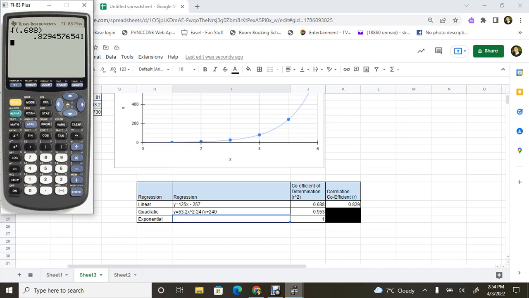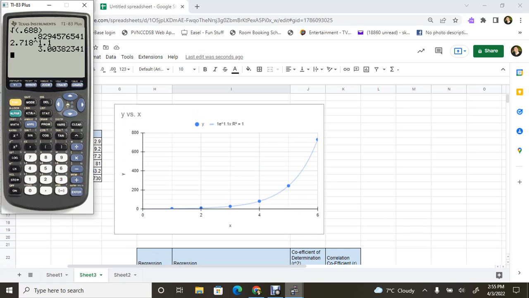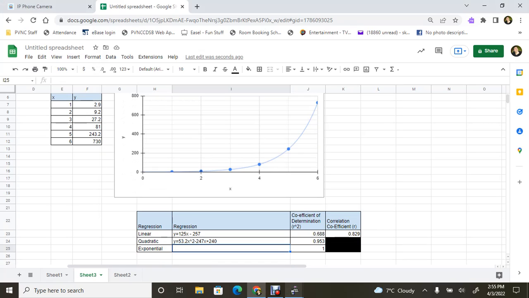We're going to use 2.718 to the exponent 1.1. Okay, and it's 3. So where do we get it? Got it here. So my equation here is y equals 1 times 3 to the exponent x.